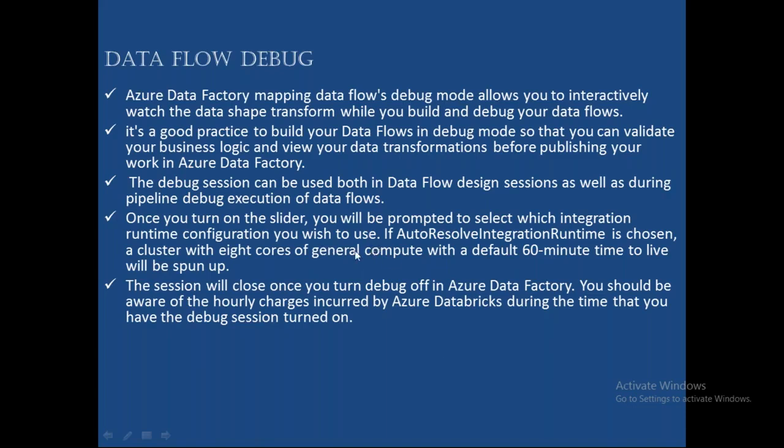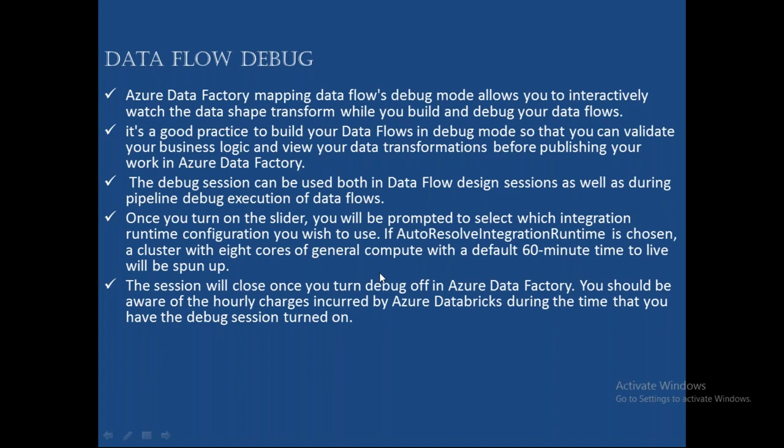For general compute, it will be some $0.15 per hour. If you want to do things quickly, you have compute optimized. In that case, it will be $0.2 per hour. If it is memory optimized, meaning all the Spark transformations, it's a Spark cluster, right?